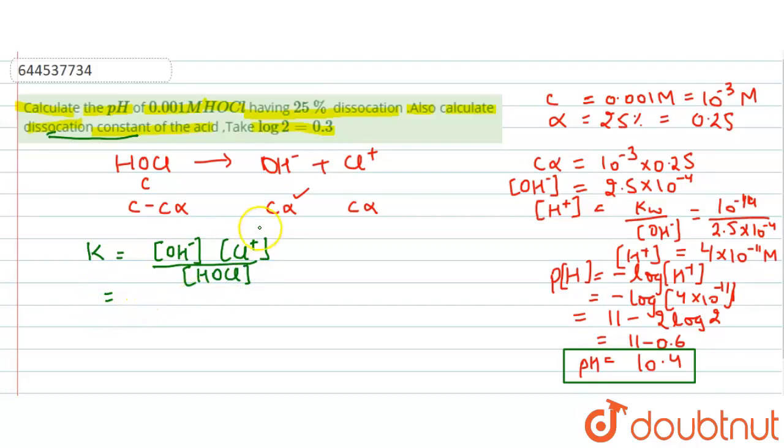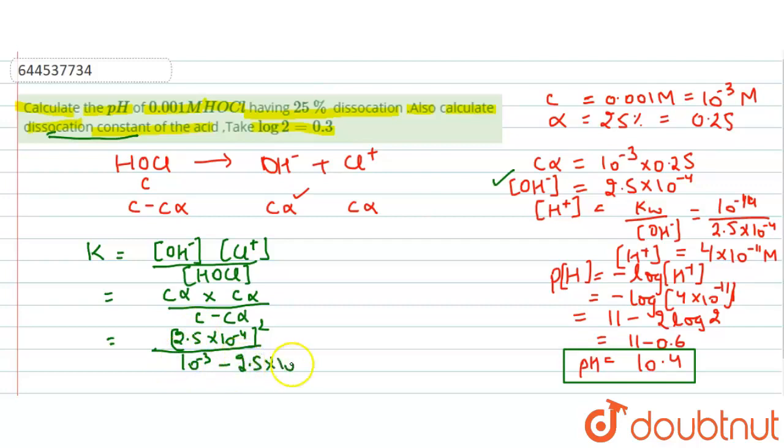Each ion concentration is C alpha, which we have already found out, that is 2.5 into 10 raised to power minus 4. So K is 2.5 into 10 raised to power minus 4 whole square divided by the HOCl concentration. C was 10 raised to power minus 3 minus C alpha, which is 2.5 into 10 raised to power minus 4.